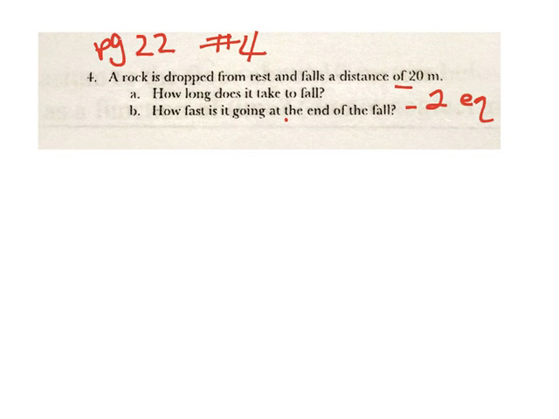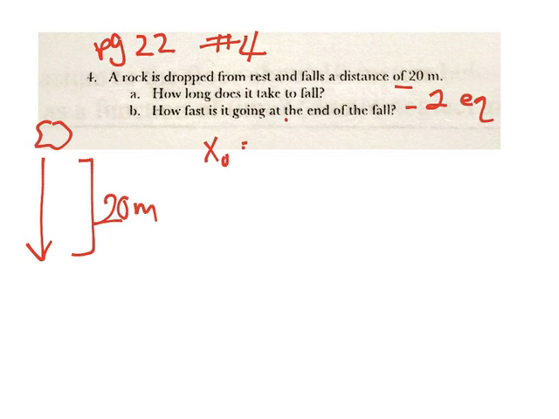So we have a rock. It's dropped from rest. And it falls 20 meters. Alright, that's essentially a picture. Then things we know: its initial position is at 20 meters, and it fell to its final position at 0 meters.